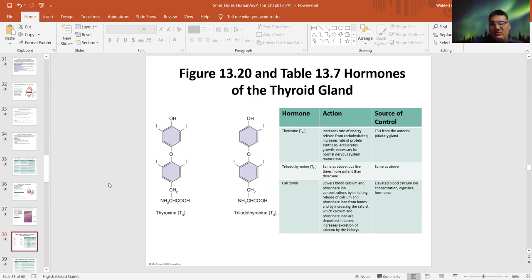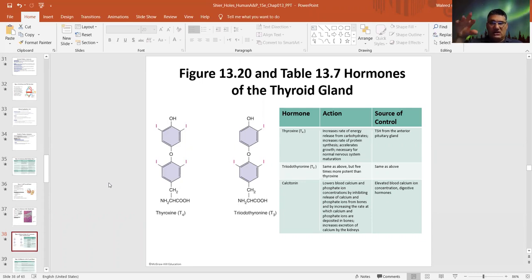On you, you will feel cold, you will have less energy, and so on. You feel lazy, don't have energy. Okay, this is for you as a mom, but the baby is the issue. The issue is that for the nervous system to grow normally in the fetus, you have to have a normal amount of thyroid hormone. So this is one of the tests that should be done in the prenatal period.